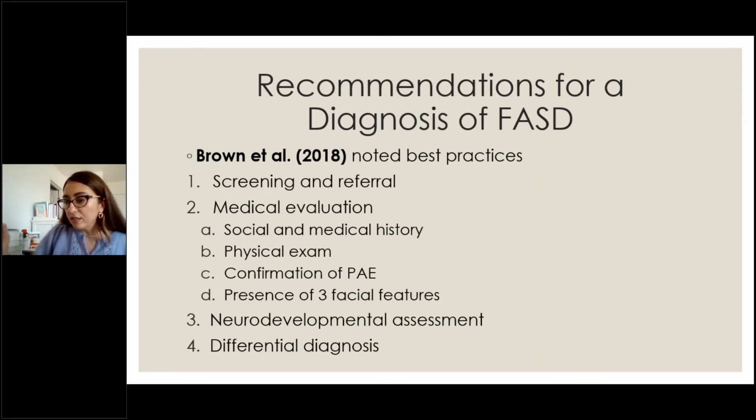And then for the physical examination, we talked about the facial features, the 3 facial features. The palpebral fissure length has to be less than the 3rd percentile. The philtrum has to be rated 4 or 5 if you're using the 4-digit code, the University of Washington code, which is more at the severe level. And then the upper lip rated as 4 or 5, again, if we're using the 4-digit code.